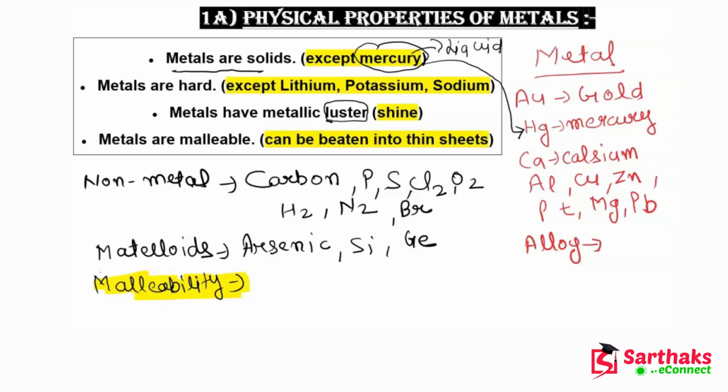So I hope guys this property is clear to you. Okay, now gold is very malleable. Okay, gold is very malleable. Now guys, after understanding these properties, let's move ahead to the next slide and talk about the other properties of metals.